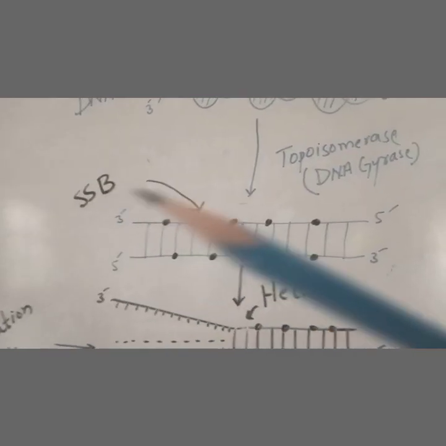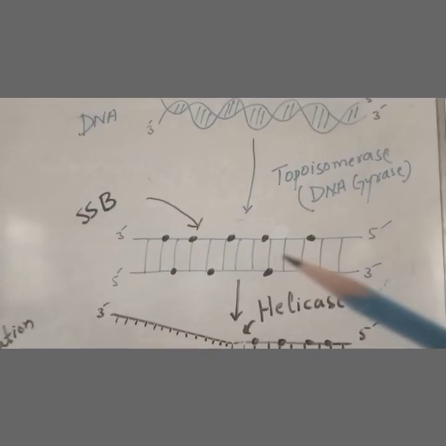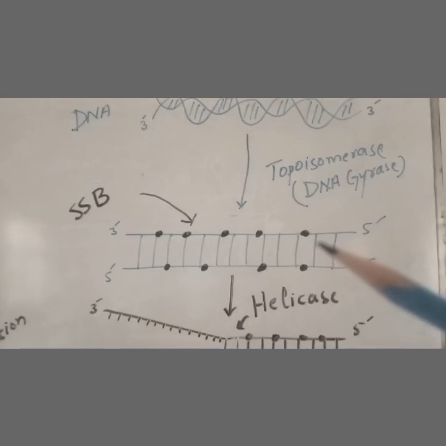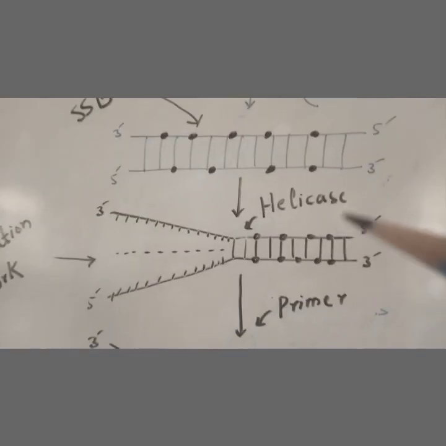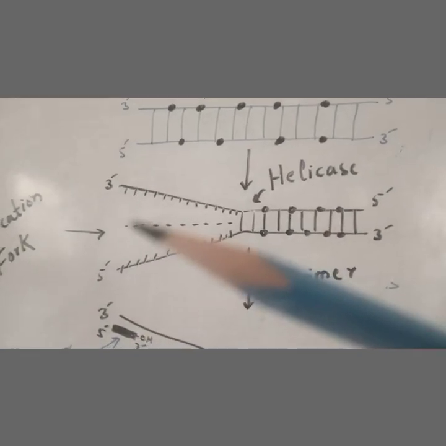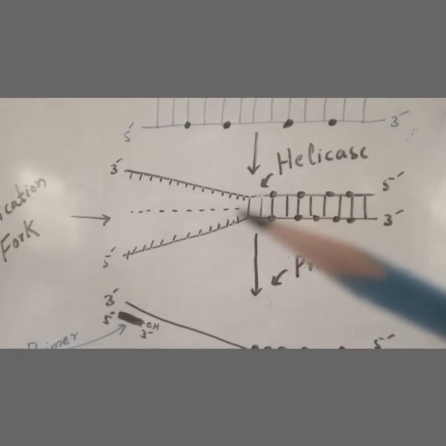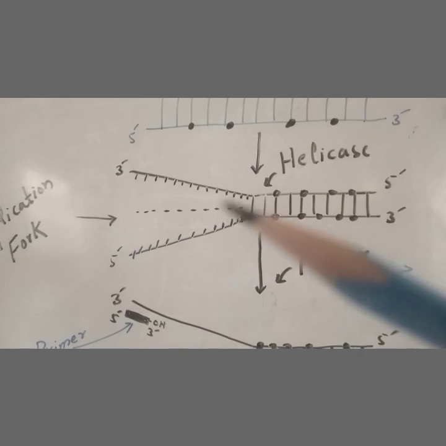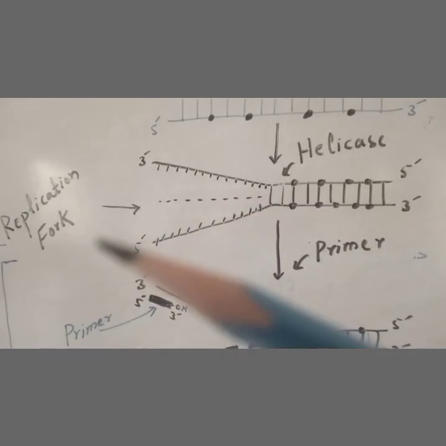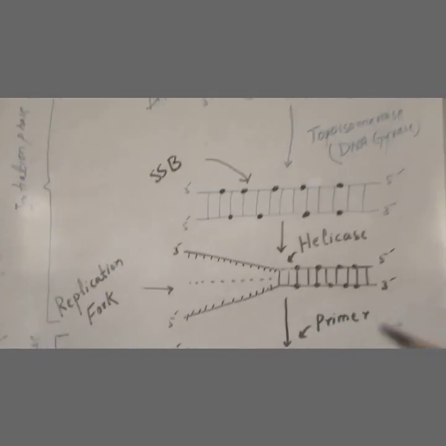The SSB comes here and attaches to prevent the recoiling of the double helix. Then the helicase enzyme comes and starts to break down the hydrogen bonds between the two strands. As a result, a replication fork is formed. So that is the initiation phase of DNA synthesis.